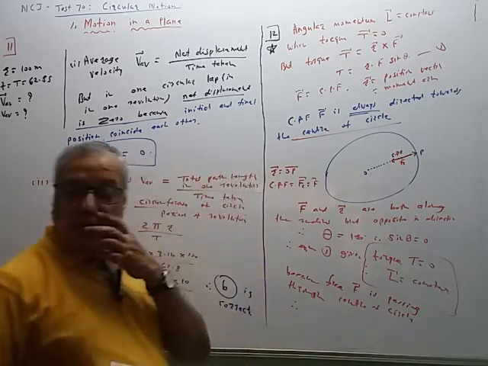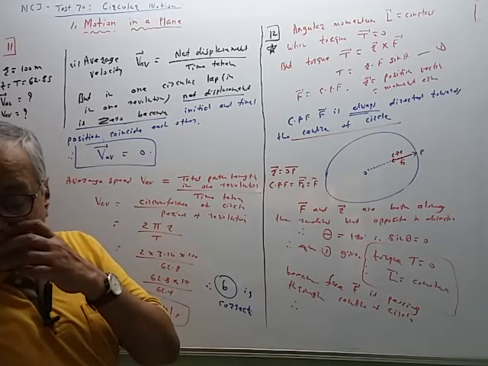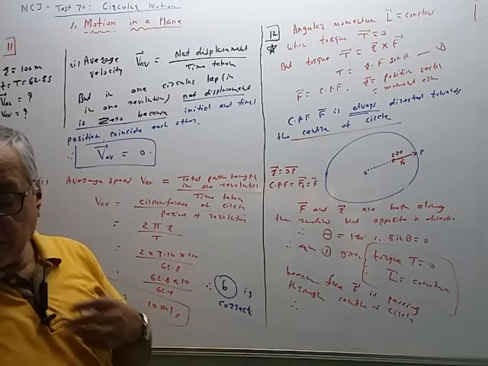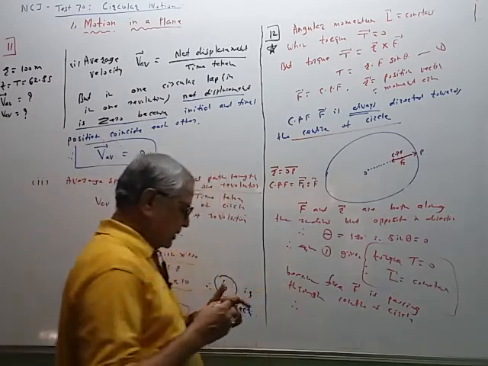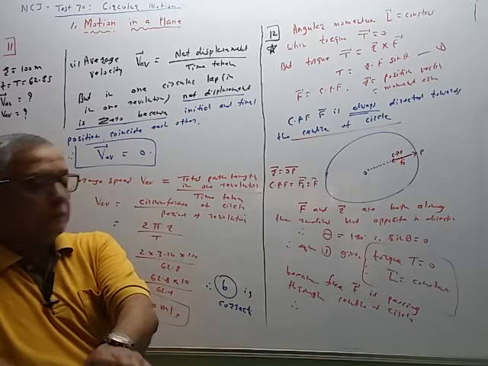Therefore the correct choice is A. On the circumference of the circle, inside the circle, outside the circle, it is directed towards the center of the circle. Therefore, A is correct.